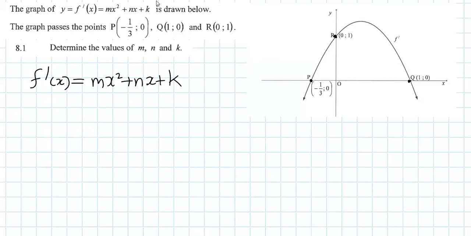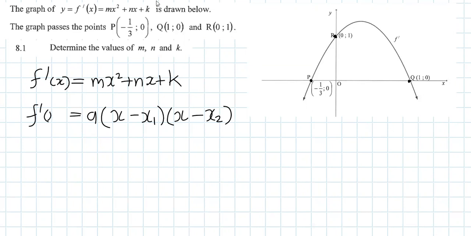The first thing we can use is the x-intercept form. It would be a times x minus our first x-intercept, times x minus the second x-intercept, and don't forget the a value. This is the general x-intercept form of a quadratic function.